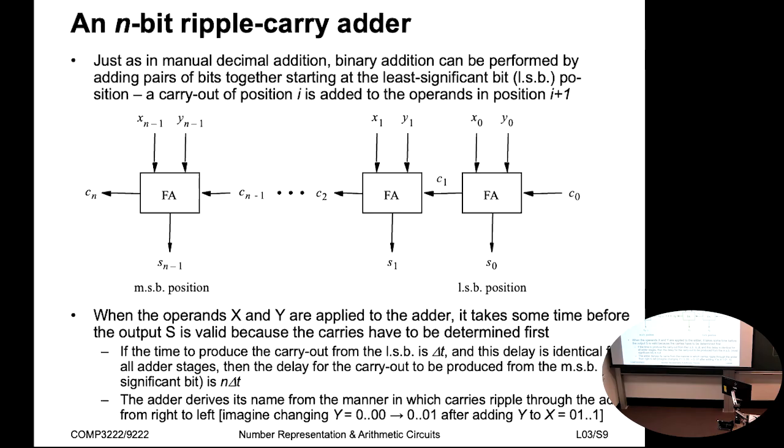So this is a long chain, and would normally be 32 at least, but it might only be 8. It's normal that we're adding 32-bit integers together. And it takes quite some time for the sum bits to be resolved if we use the architecture illustrated here.